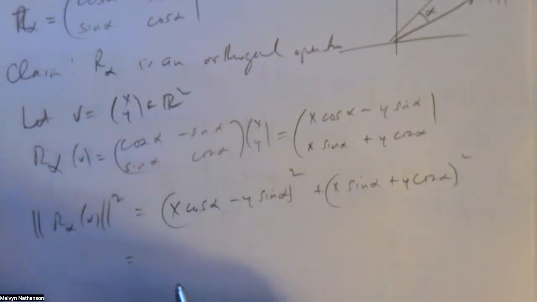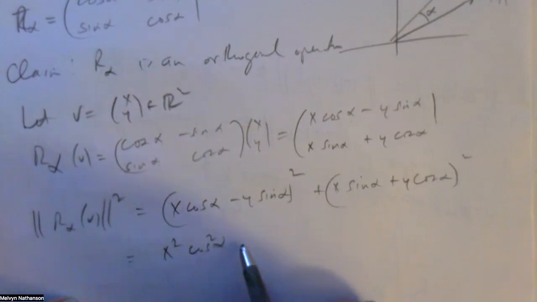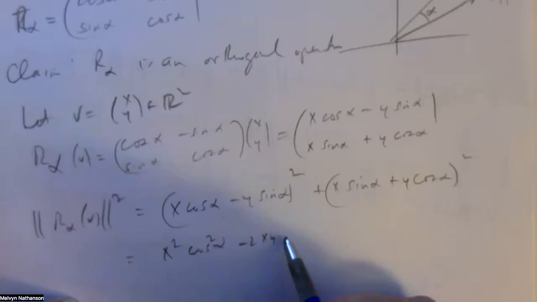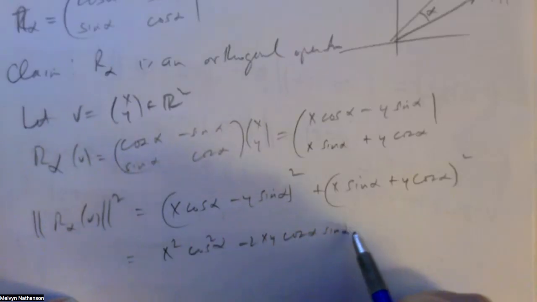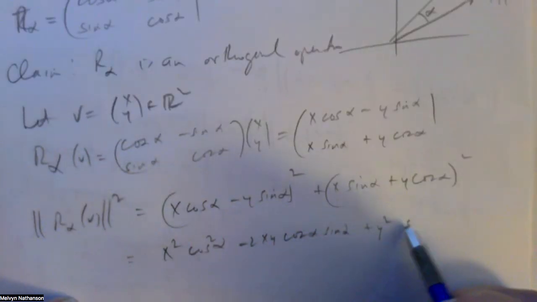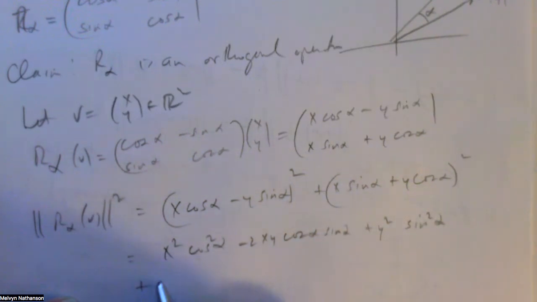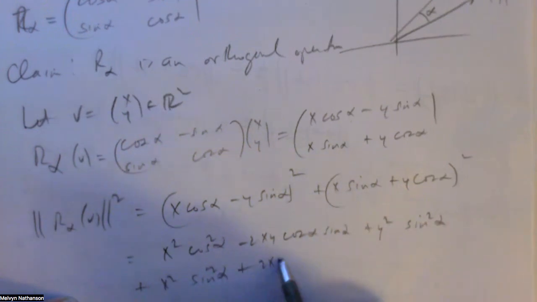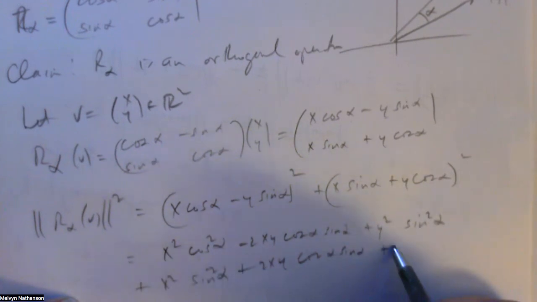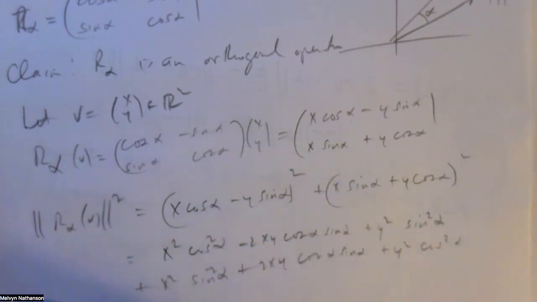So let's square this. This is pre-calculus. x squared cosine squared alpha minus 2xy cosine alpha sine alpha plus y squared sine squared alpha plus x squared sine squared alpha plus 2xy cosine alpha sine alpha plus y squared cosine squared alpha. We're adding, these cancel.